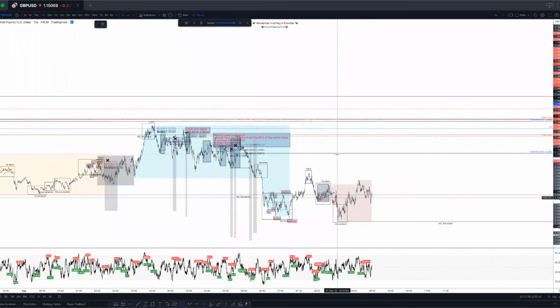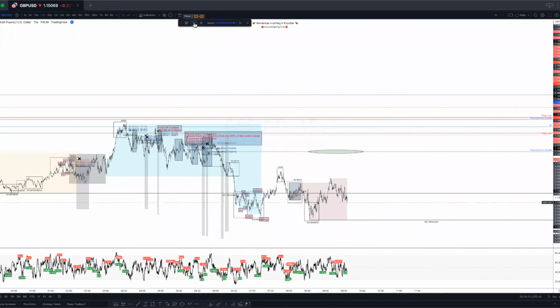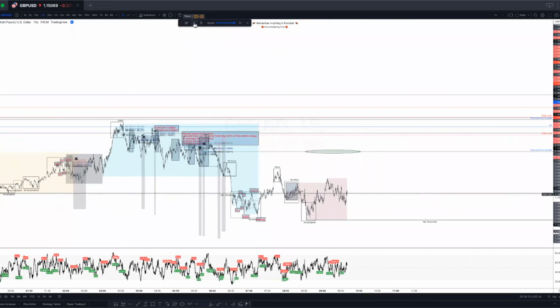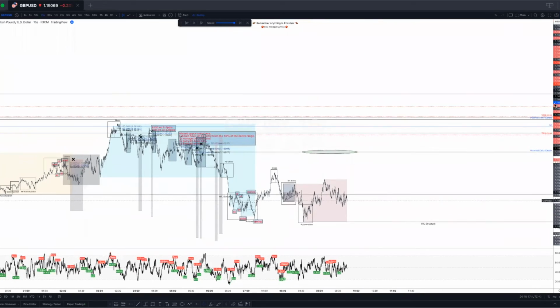So let me do the entry. So we accumulated, we reaccumulated. Is this going to be a reaccumulation? I do believe so, to take out this distro. And can we do it? We cannot do it. So we literally just redistribute it.